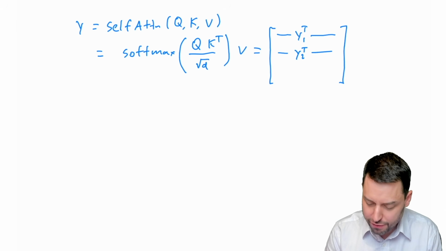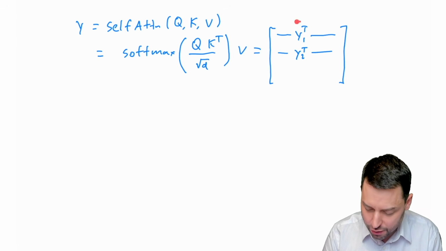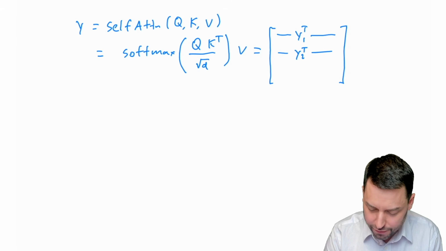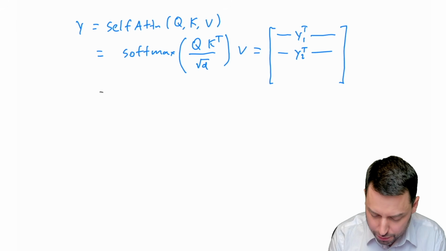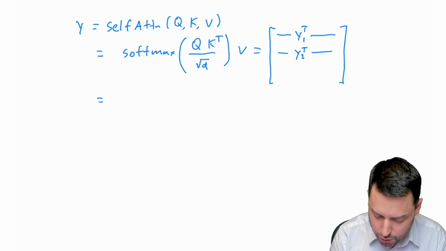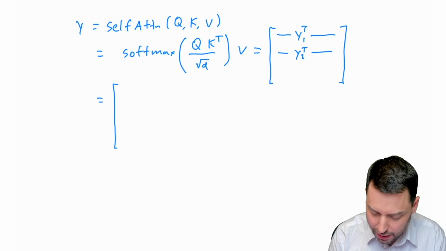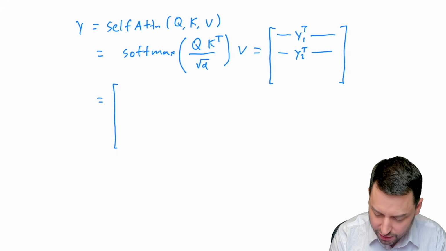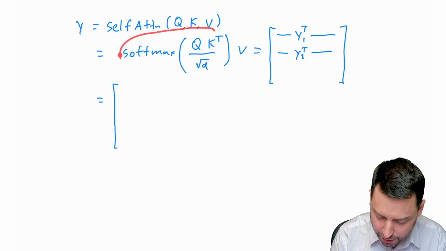So if we think about the first row of this output, well, remember what we said, we called this whole matrix here A. So I'll just write that again.